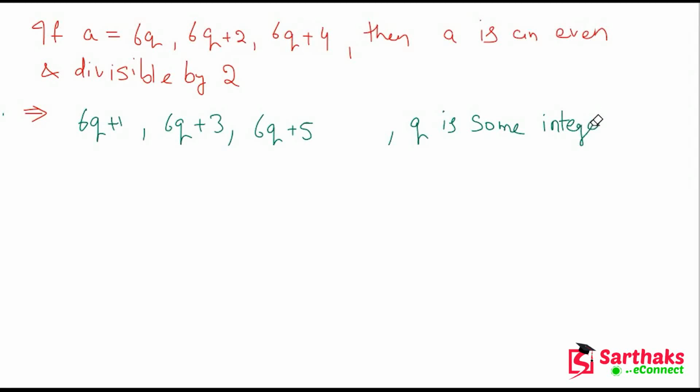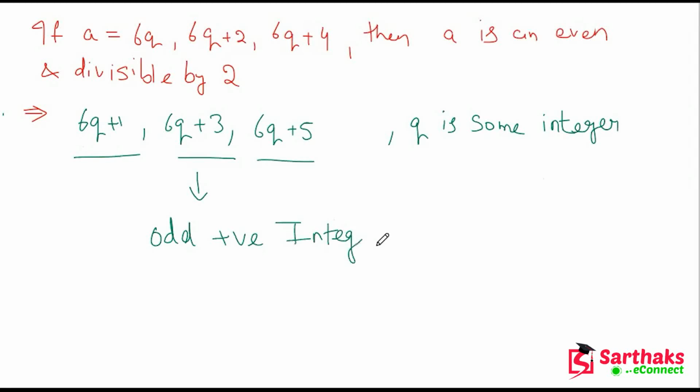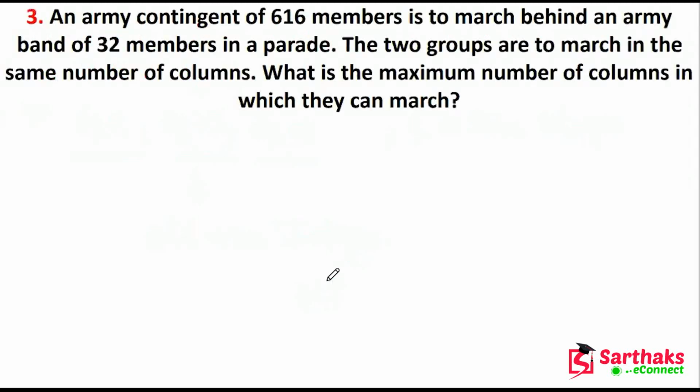So 6q plus 1, 6q plus 3, and 6q plus 5 are odd positive integers. Hence proved. Now we will move on.